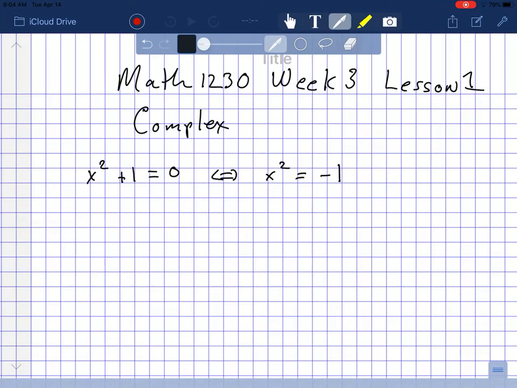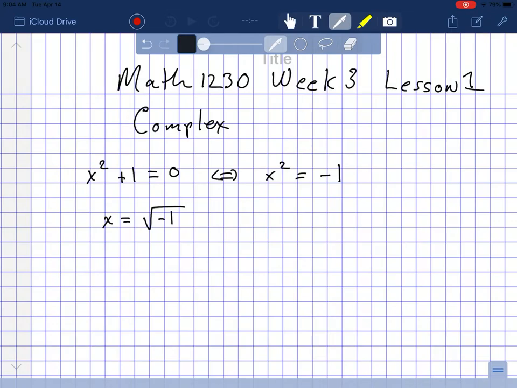And so what we want to do is take the square root of both sides of this equation. And if we do, we end up with an expression of the form x is equal to the square root of minus 1. And we can't take the square root of minus 1 in the real numbers. So there is no real number such that x squared is equal to negative 1.